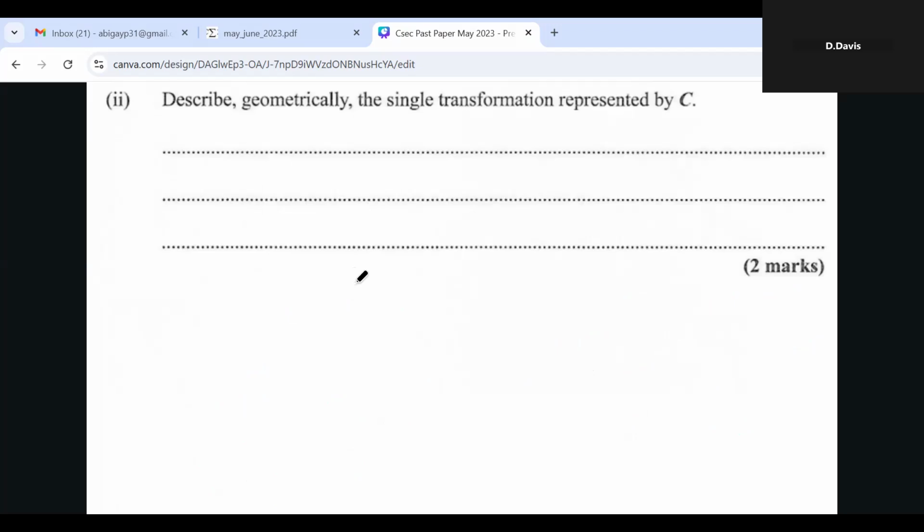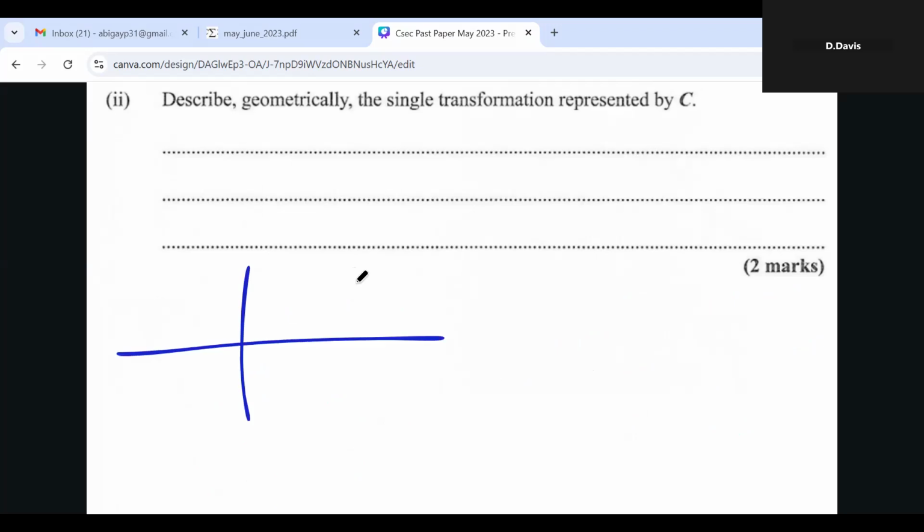All right. So it says describe the single transformation represented by C. So this is why it's good to draw or sketch diagrams.